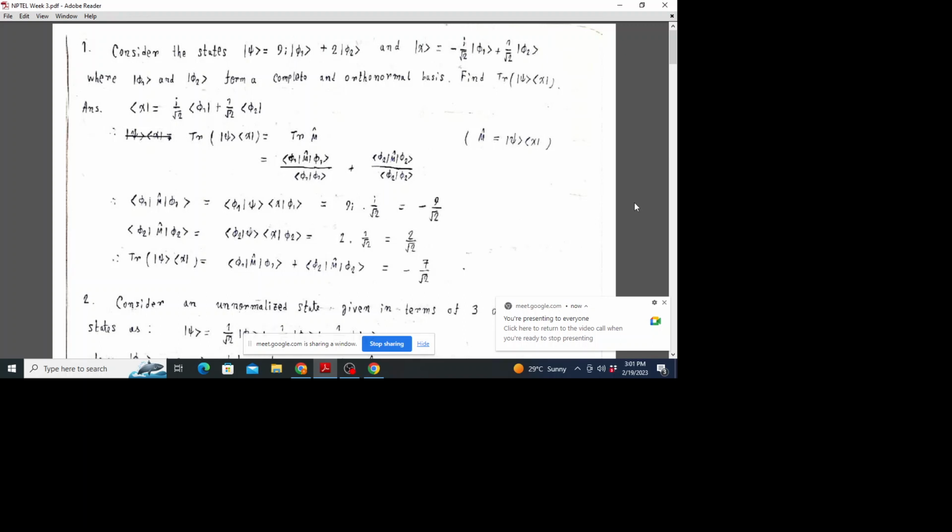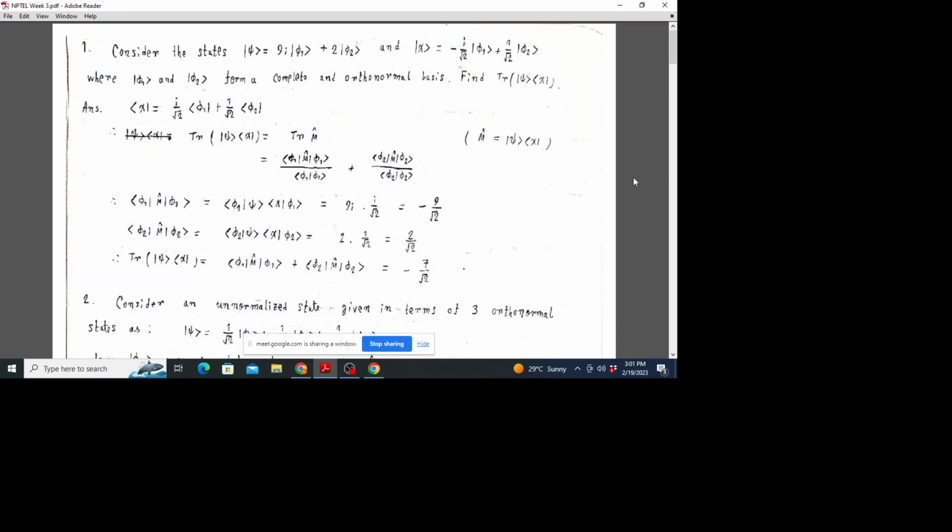This week we are still discussing the basic notion of vector space, that is our Hilbert space, and how to write operators in matrix representation. How to take inner products, how to find trace, how to find expectation value in this new Dirac bracket formalism.